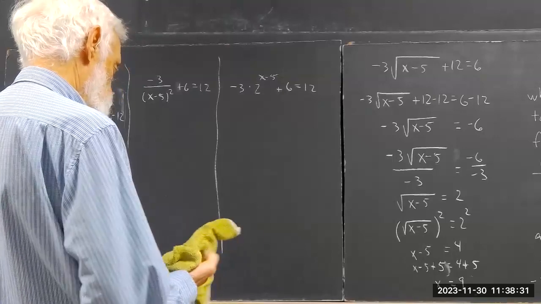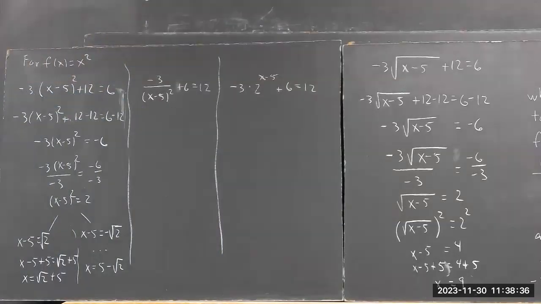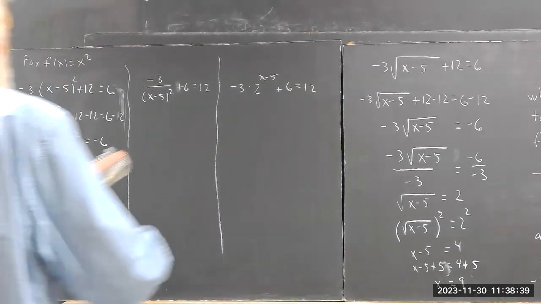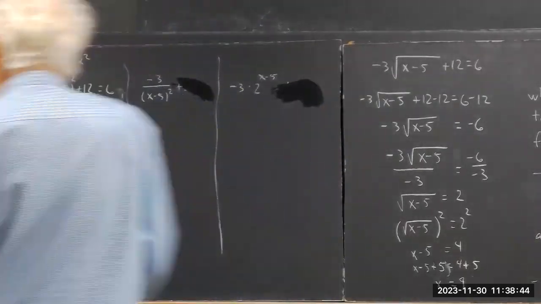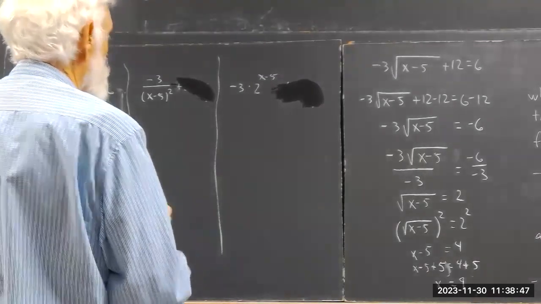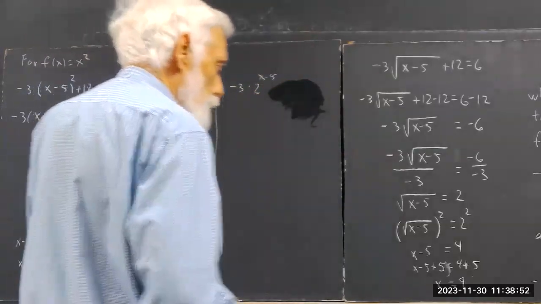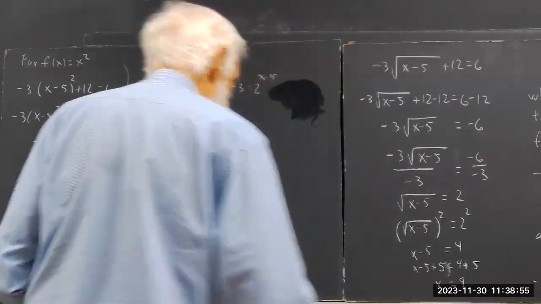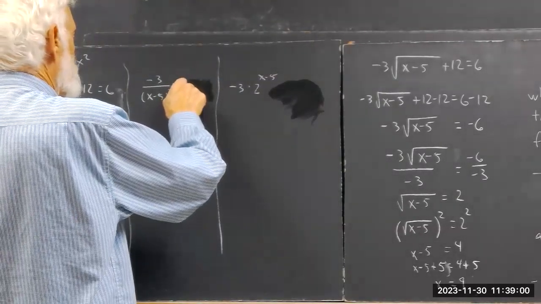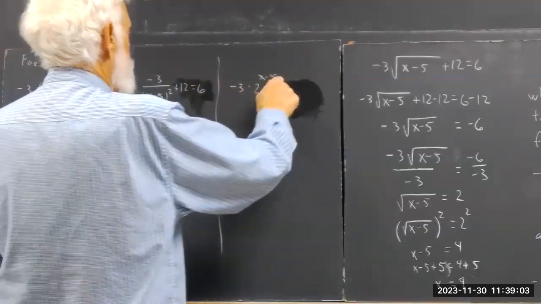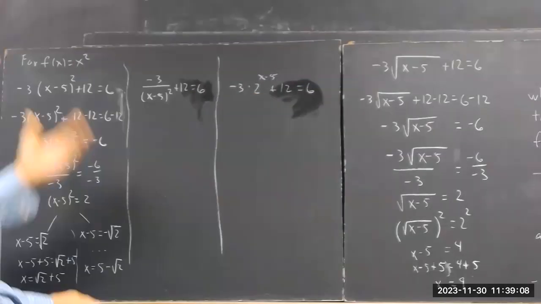I want to make these solutions as close to the solution here as possible, so you can see the differences. Okay, so it should be plus 12. And of course, this problem would not have had a solution if I'd had these things reversed.